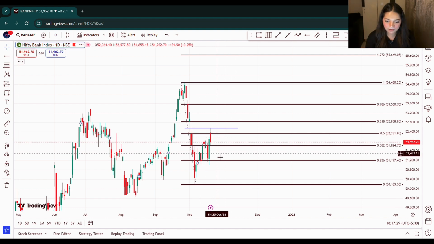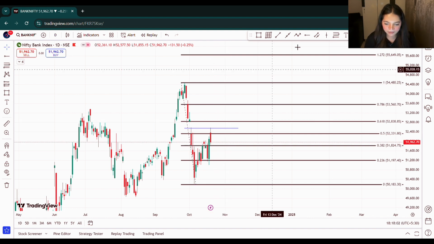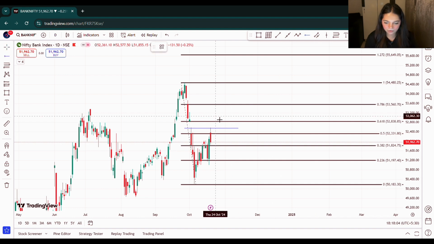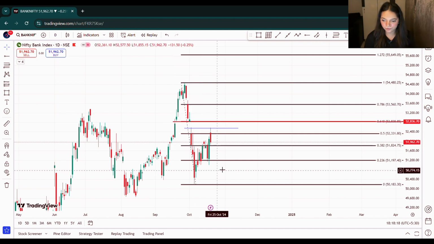Since today's candle closed at this level, if it's a bullish movement we can take a target to the 0.6 level over here, and if it comes down we can take a target till this level.